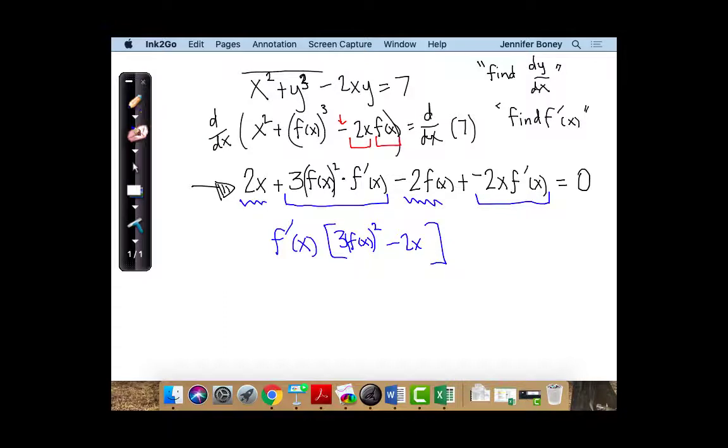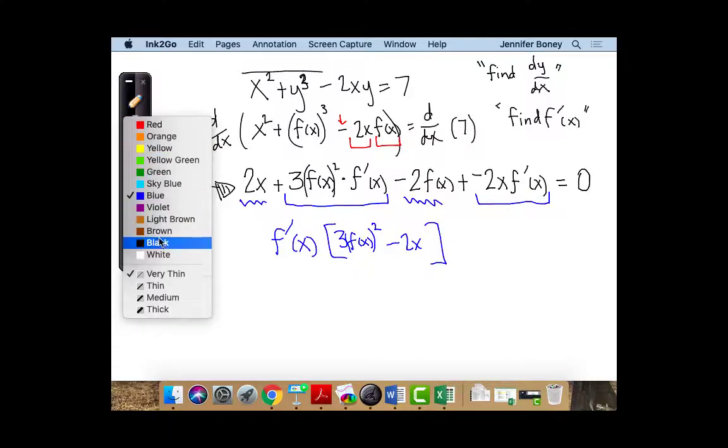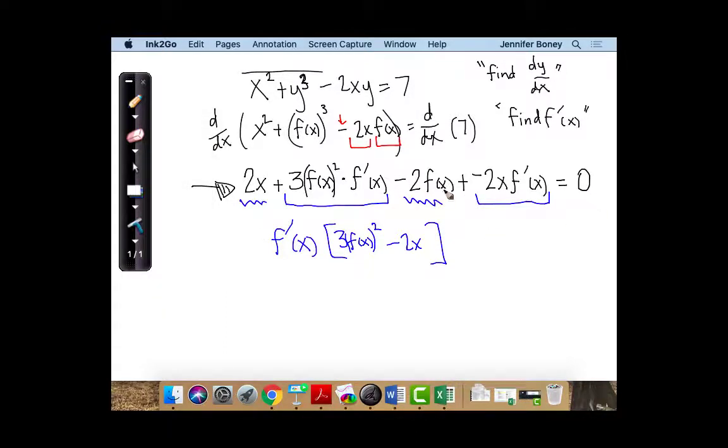So on the other side, just scooting stuff around the equal sign as usual in algebra, add this term, so I get a positive 2f of x, and subtract this, so I get a minus 2x. So 2f of x minus 2x. f prime of x times this quantity in brackets equals this expression. So solving for f prime of x at this point is just dividing by the brackets expression.